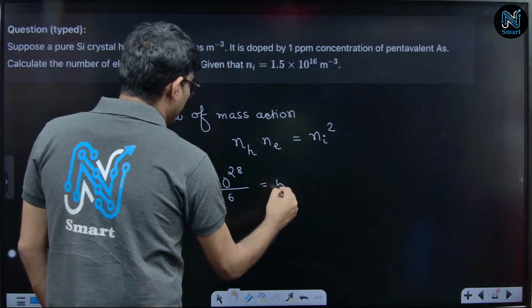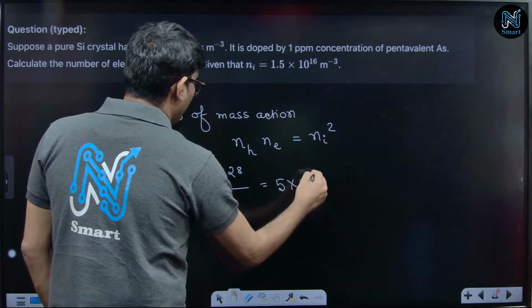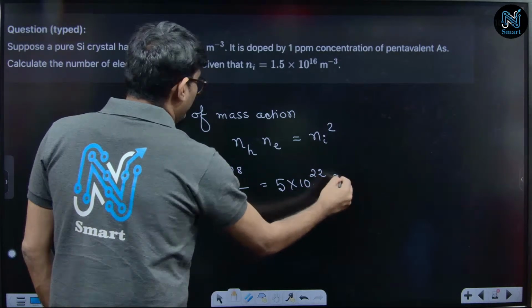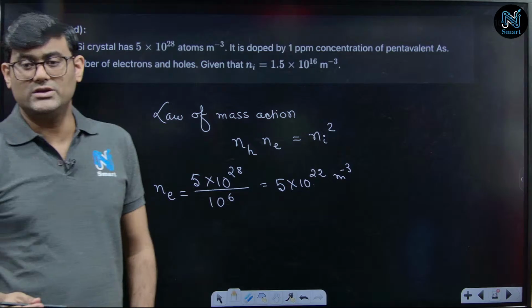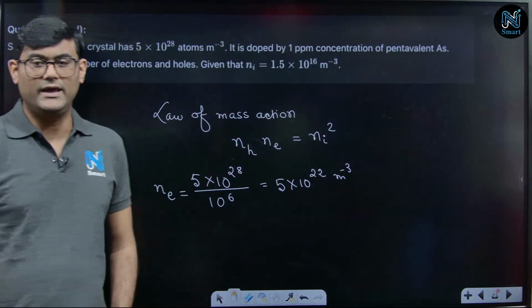That becomes 5 into 10 power 22 per meter cube, right? That is the concentration of the electron in this N-type semiconductor.